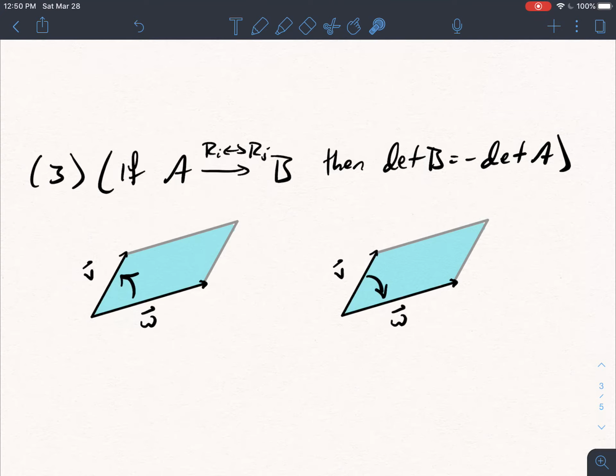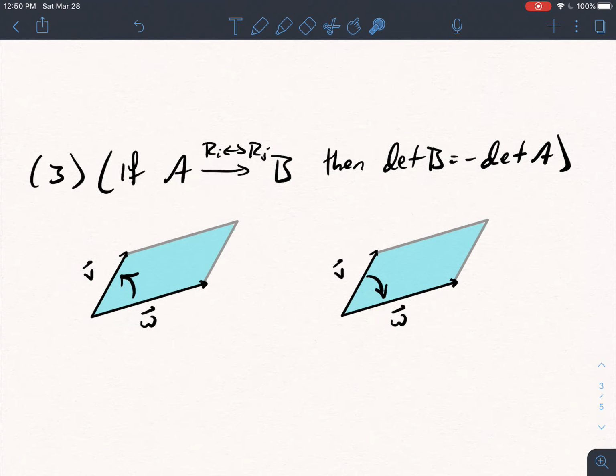Because we're going counterclockwise, we say this gives us a positive area, whereas if I had v first and w second, I would go from v to w clockwise instead, and clockwise we say corresponds to a negative area.